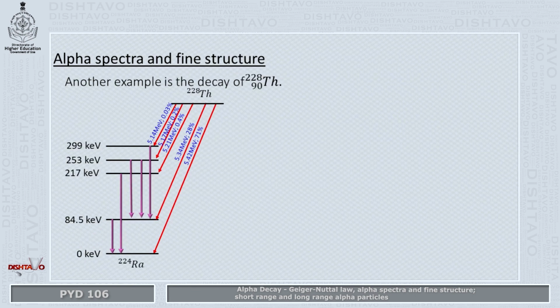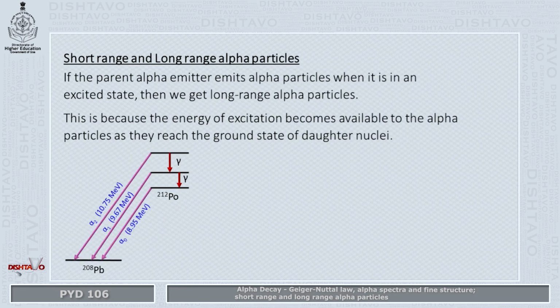Now compare it with the short range ones that we had, which were 5.14, 5.17, something in the range of 5. Of course, the long range alpha particles are from a different material, but the energy associated with this alpha particle is almost double that of the short range alpha particles, correct?